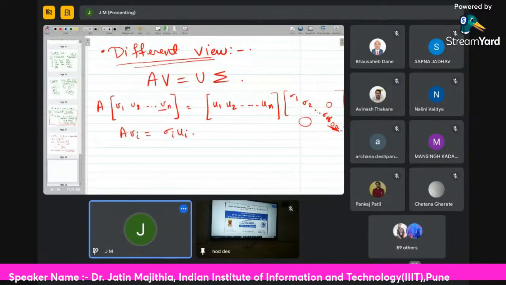Out of this, some of the vectors will have the image 0.